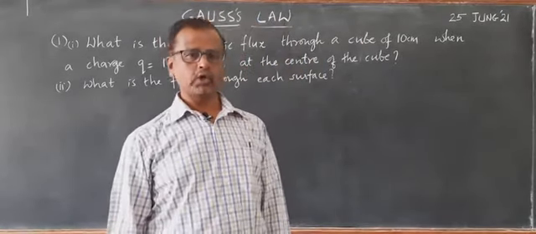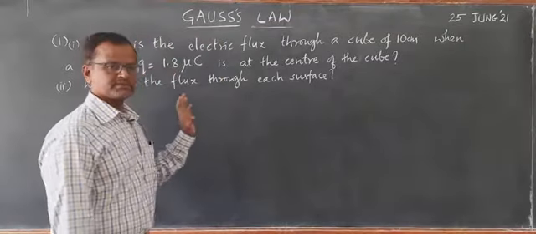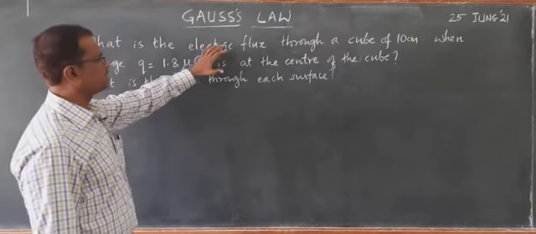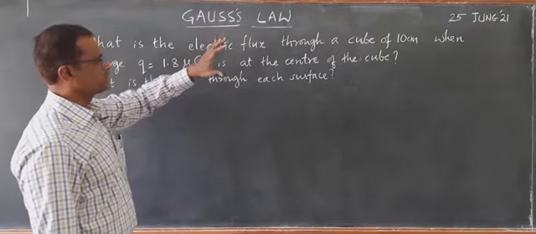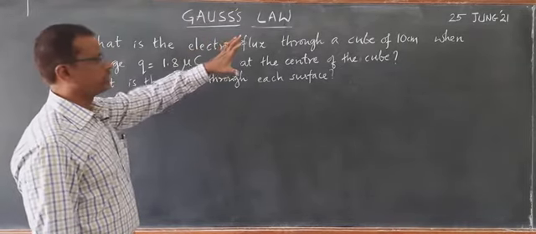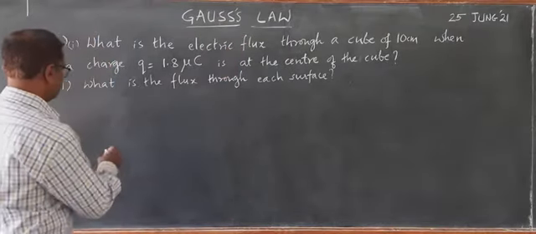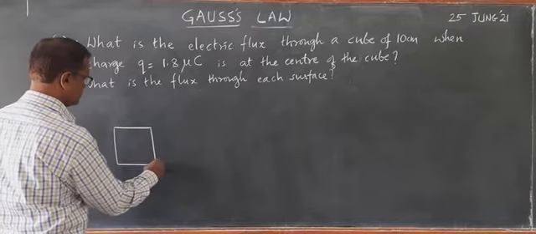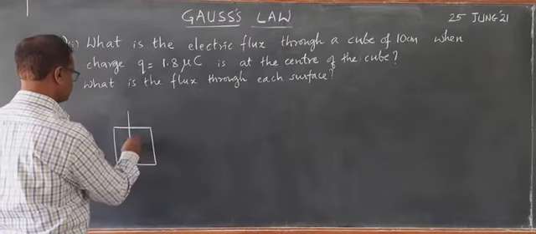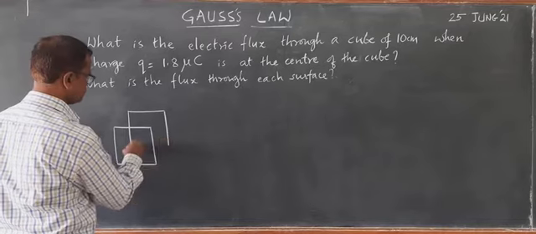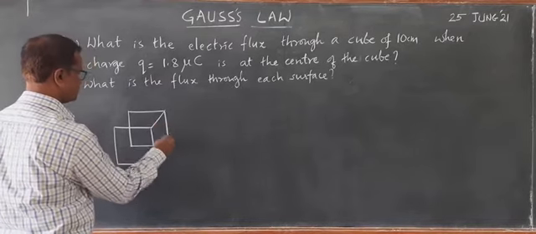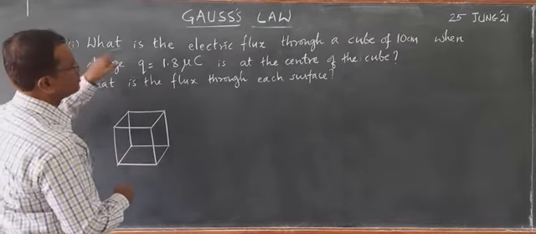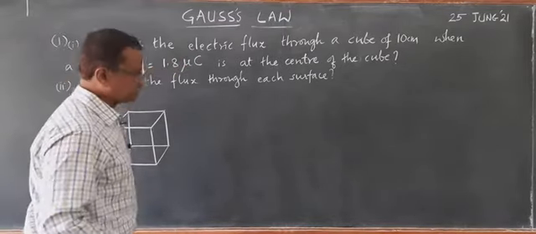If you remember Gauss law, the problem becomes simple. There is electric flux passing through a cube. Assume that this is a cube of each side 10 centimeter.